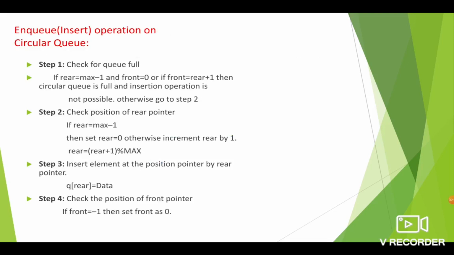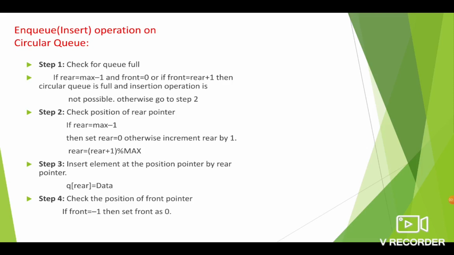What are the steps we require to perform insertion operation in circular queue? First we have to check for the full queue. Okay, the condition for checking the full queue is rear equal to max minus 1 and front equal to 0, or otherwise, if front equal to rear plus 1.